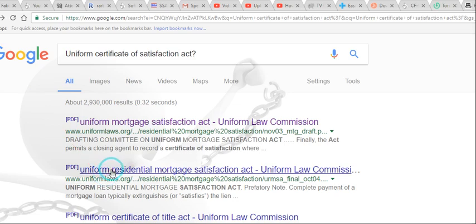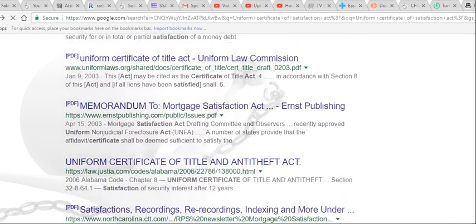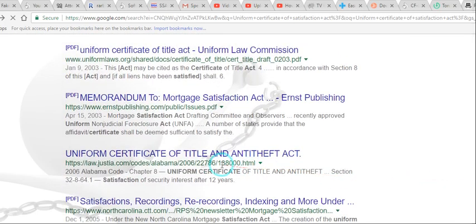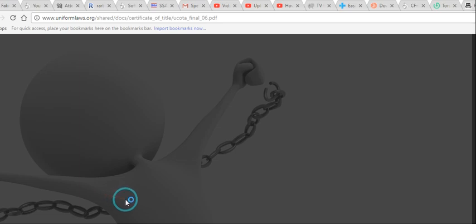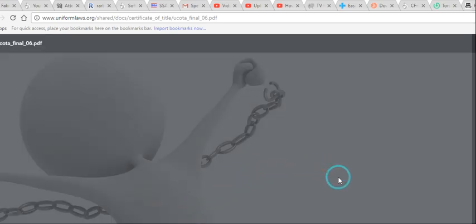Let's do this one. No, that's the same one. I can't eat. I can't sleep anymore. These are all the same pages. So it's going to the same site. Satisfaction, recording, re-recording.